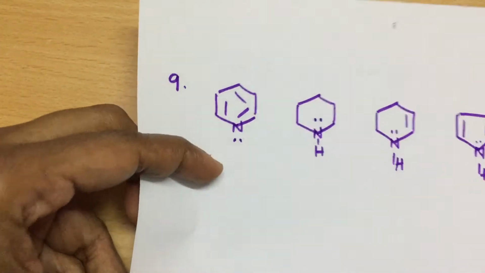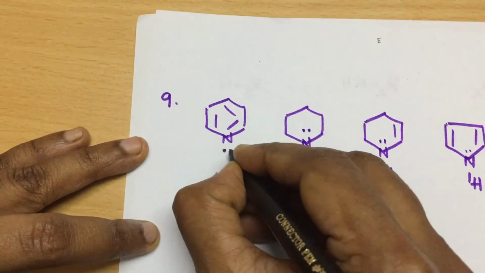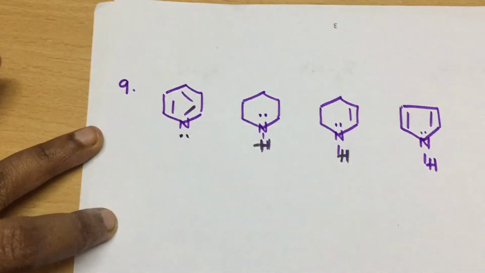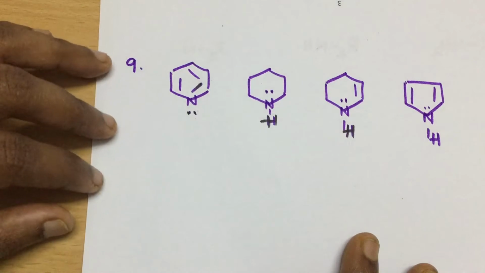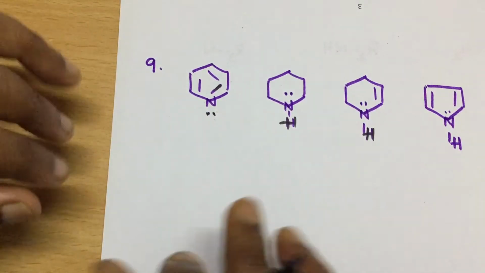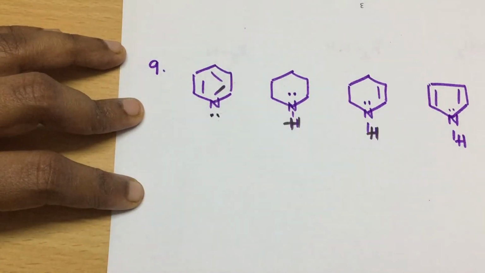Okay, and now see here, this is also a very important point. You see, this is pyridine. Okay, and if this kind of question comes, this is pyrrole, and this is dihydropyridine, how do we solve this kind of question? Here you have to check the hybridization.